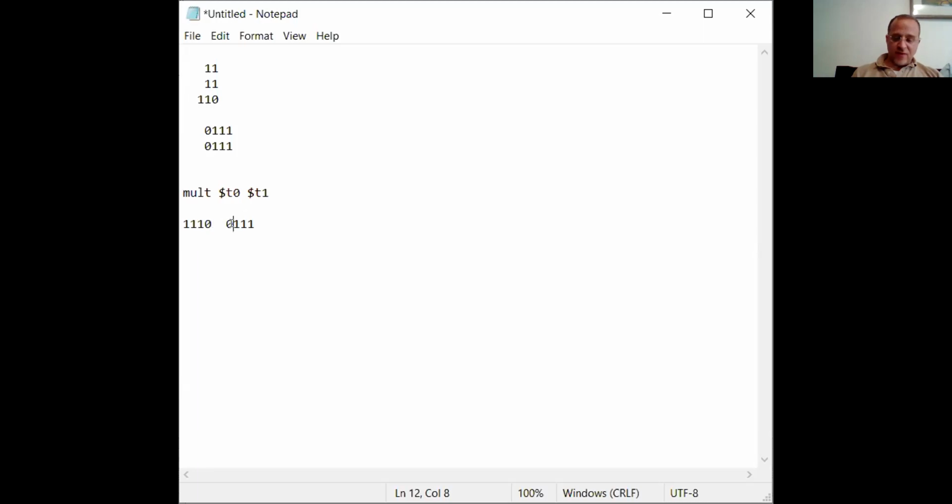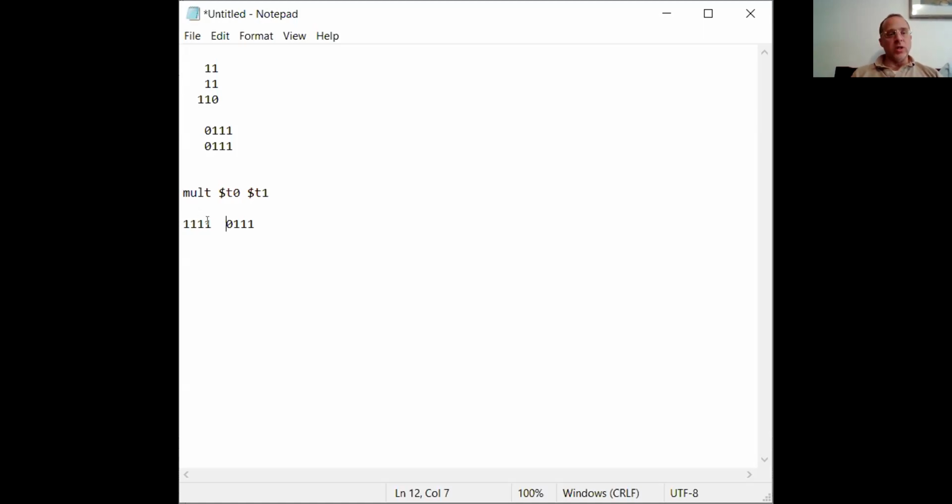What about if I had the following? Try this number. This number is also negative. But if my word length is 4, then my low would be positive and my high would be all ones, and it would look like -1.